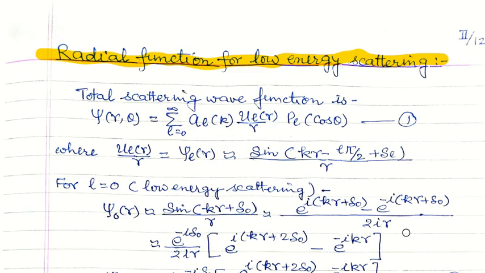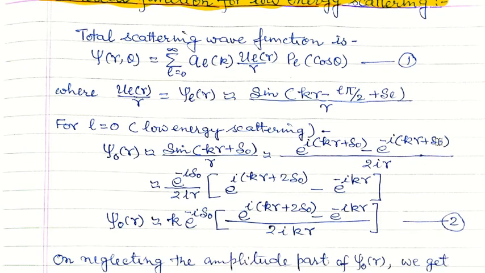Now from this expression, let us take out e to the power minus iota delta_0. We will get e to the power iota (kr plus 2 delta_0) minus e to the power minus iota kr.